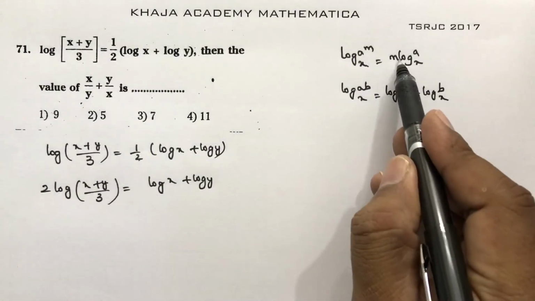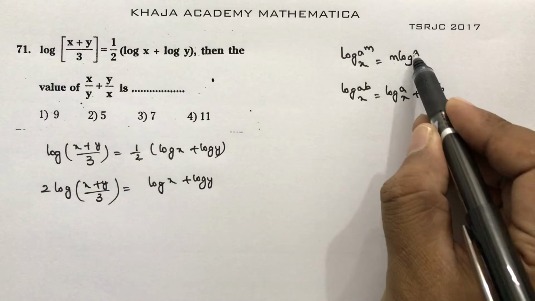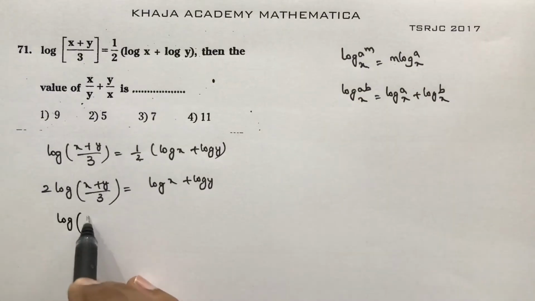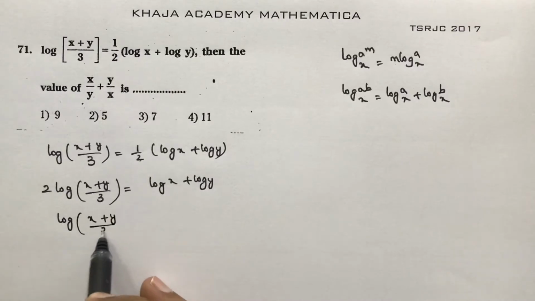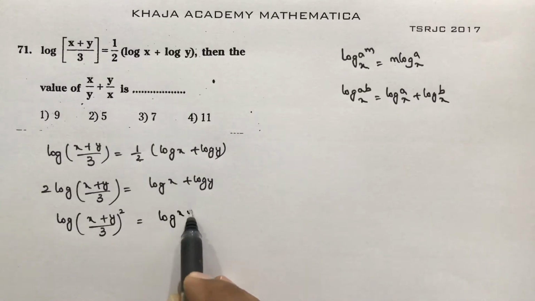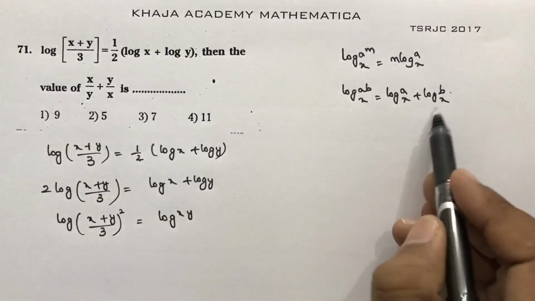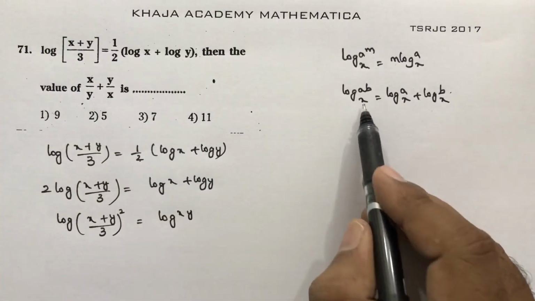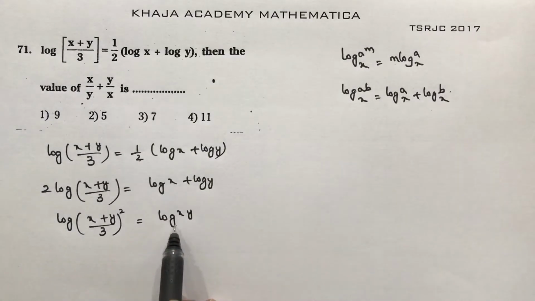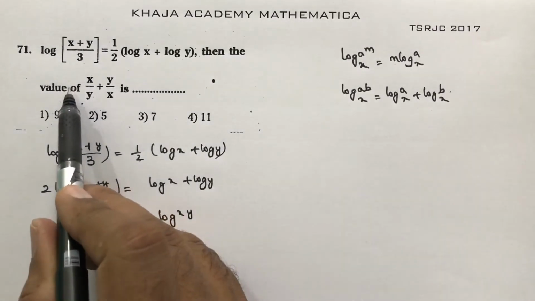So if I apply this formula, m log a I can write as log a to the power m. So here I'll write log((x+y)/3) whole square, and here log xy, using log a plus log b is nothing but log ab.